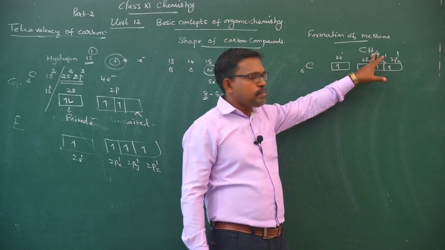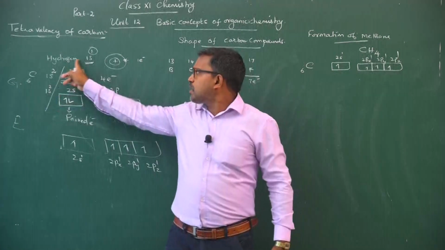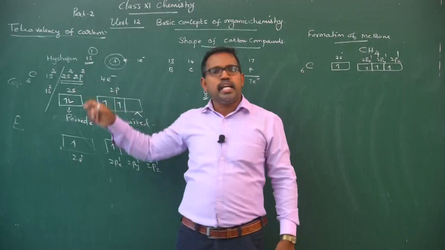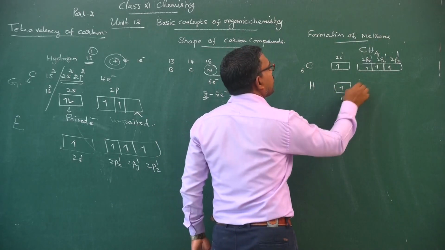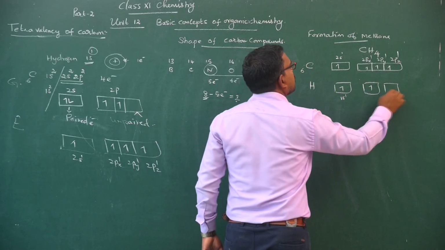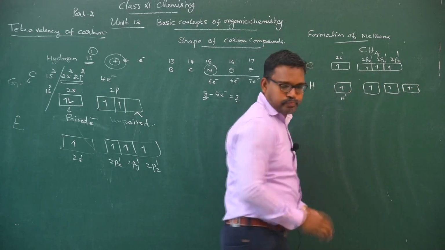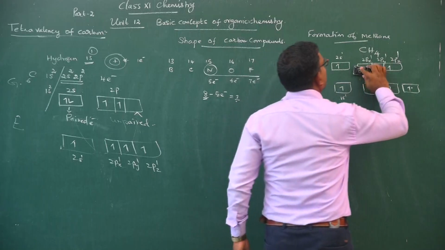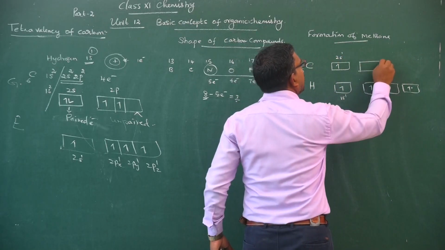How many hydrogen atoms are present in methane? 4. You know the electronic configuration of hydrogen is 1s1. So hydrogen 1s1, 1s1, 1s1 and 1s1. Draw it like this for the possibility of forming these bonds.